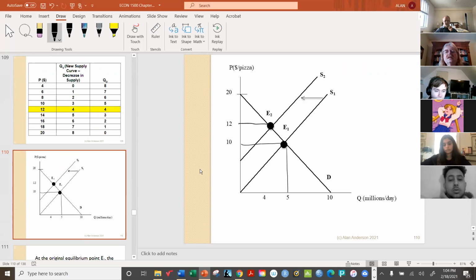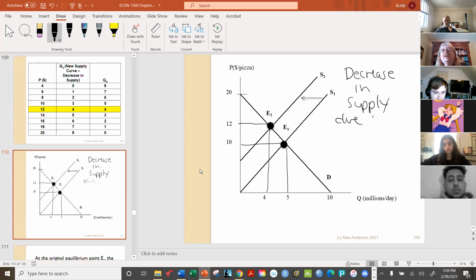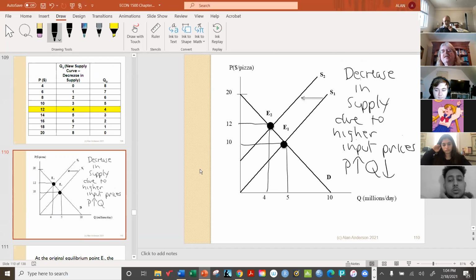Oh my God, this time we're paying a higher price for less pizza. That's not good. Due to higher input prices, the unfortunate outcome is that the price went up and the quantity went down.